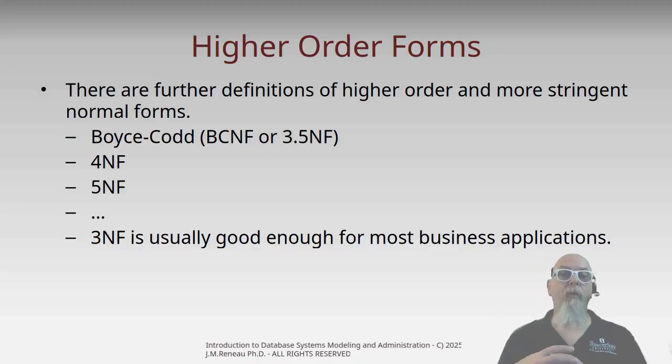There's fourth normal and fifth normal that are used in research and are used in some very specialized databases. But for most business applications, if you can get the data down to a good, solid, clean third normal, I think you'll find it works really well for most applications.